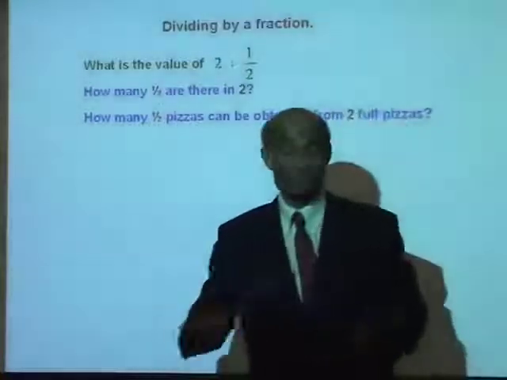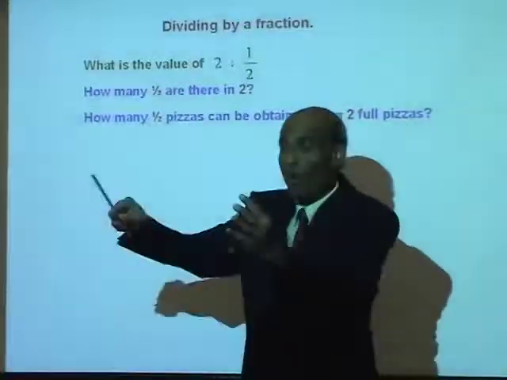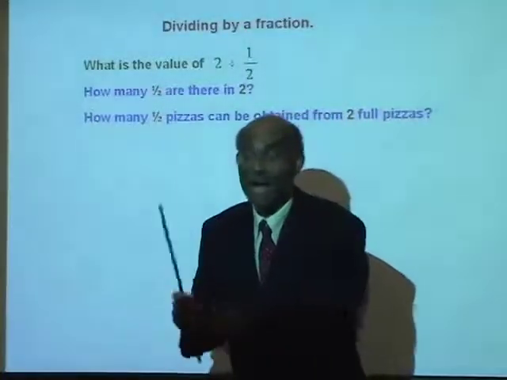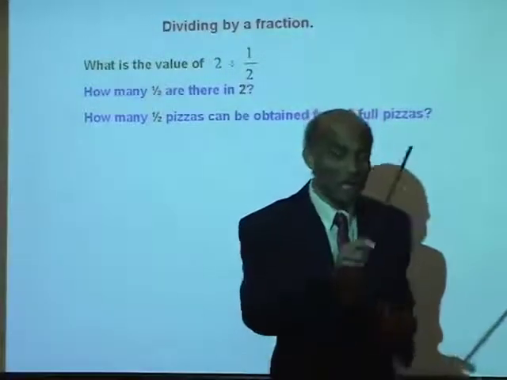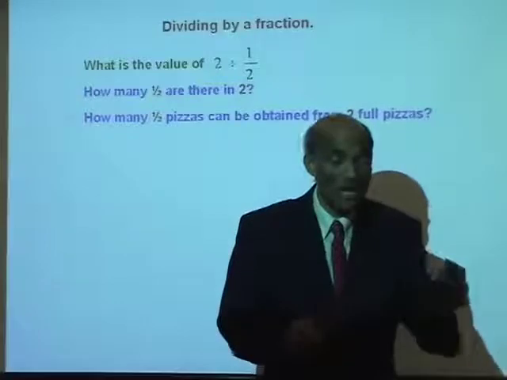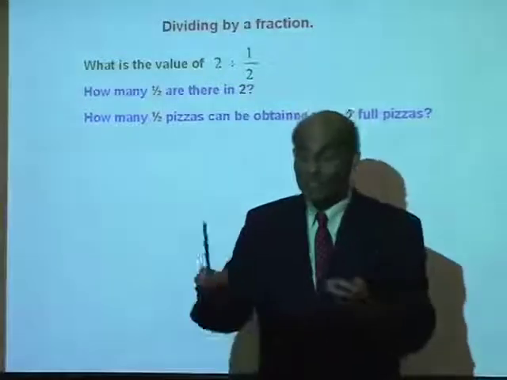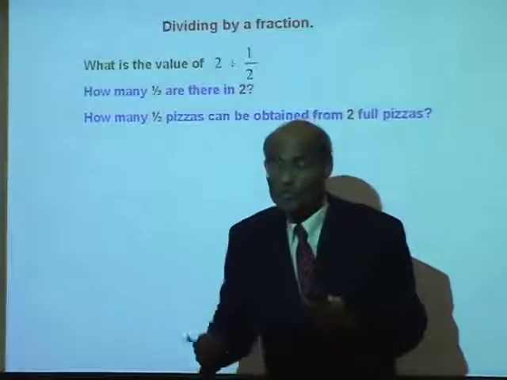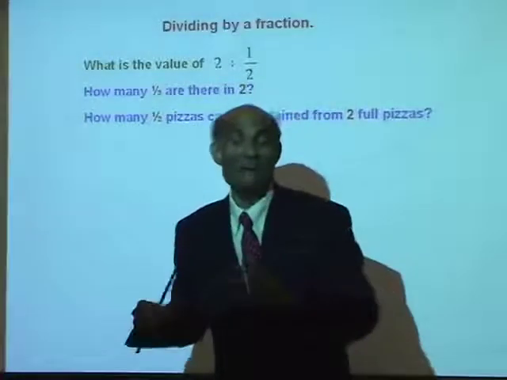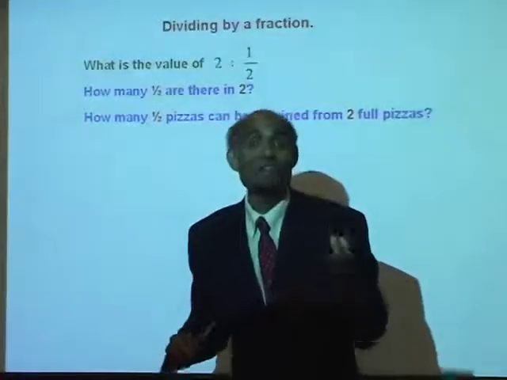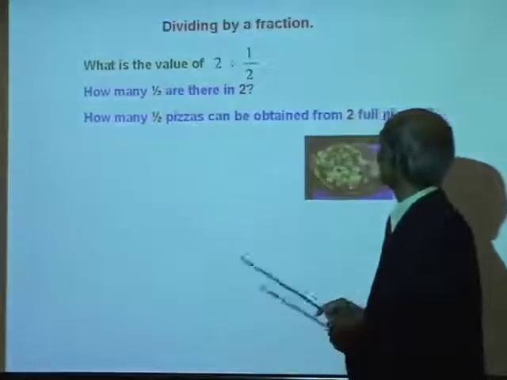In other words, if you buy 2 whole pizzas, how many halves are there? Well, you can cut the first pizza into halves, there will be 2 pieces. You can cut the second also into halves, there will be 2 more pieces. So how many halves are there in 2 whole pizzas?